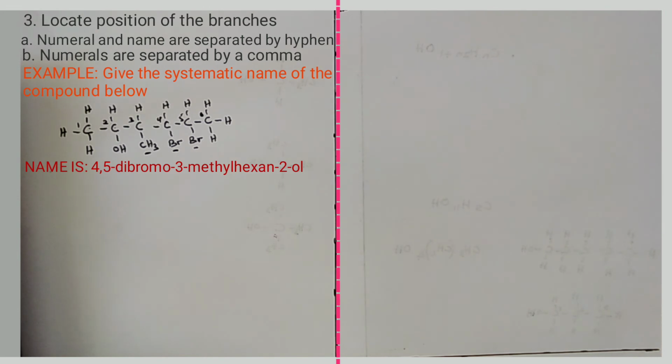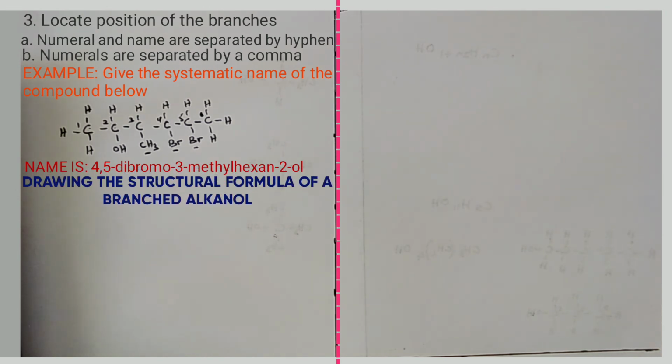Now next we want to look at how to draw the structural formula of a branched alkanol. Draw the structural formula of 2,3-dichloro-3-methylpentan-1-ol. First of all, start with the parent name.